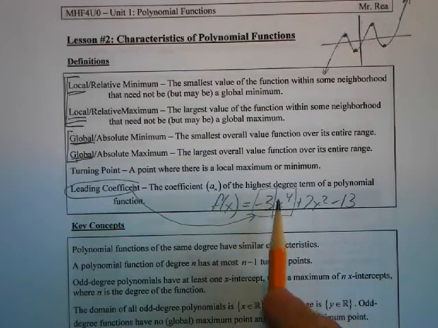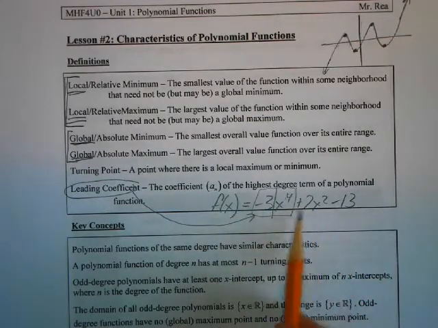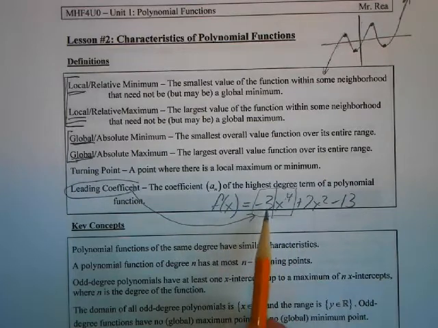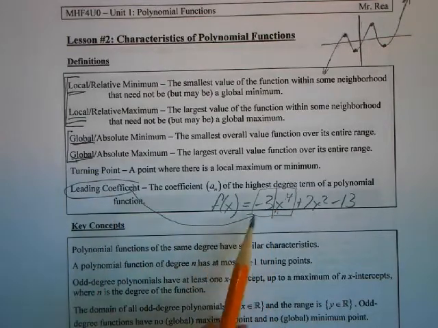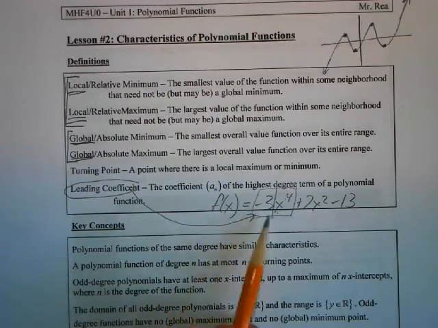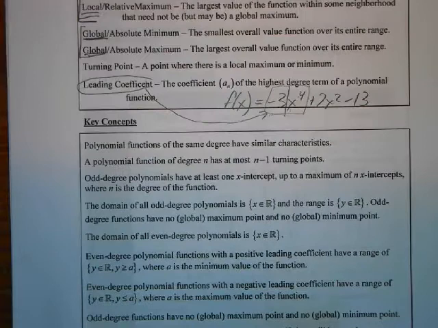As long as you've got the terms sorted from highest degree exponent to lowest, it will be the first term, but you just have to be careful to make sure you're actually picking the highest degree term. We're actually going to use the leading coefficient to talk about some of the behavior and make some predictions. So that's where you will get that from.